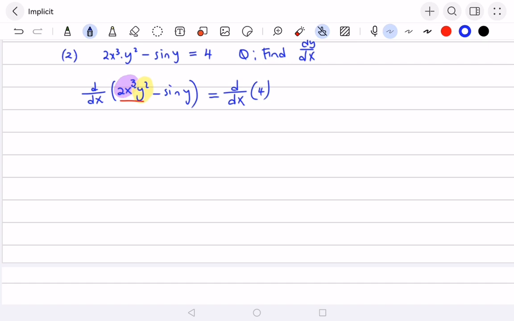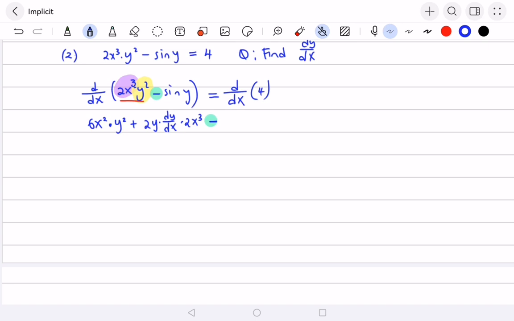So we differentiate our first function, which gives us 6x squared multiplied by the second function, which is y squared, plus now we differentiate y squared, which is 2y multiplied by dy over dx, and we multiply it with the first function, which is 2x cubed. Then we are done. Minus, this minus is that minus.